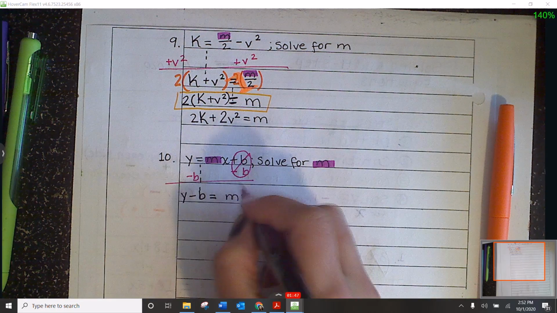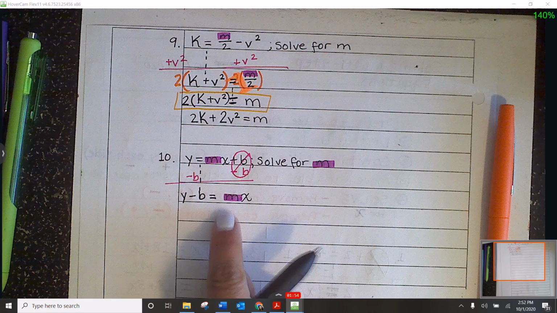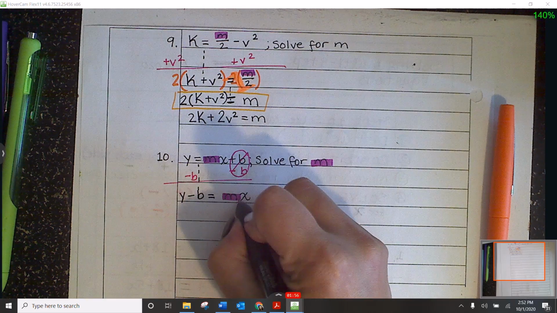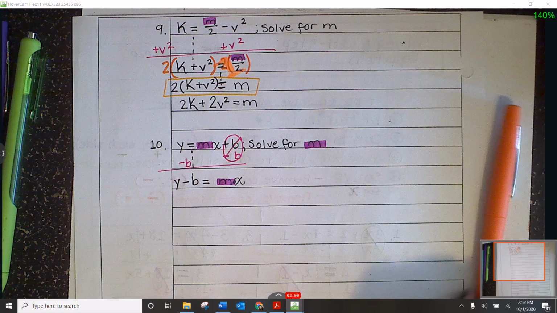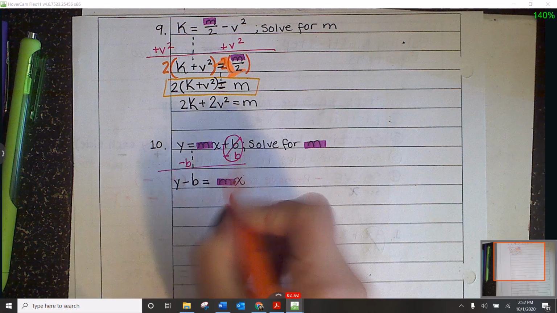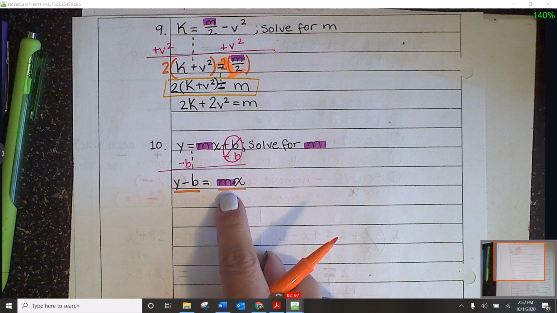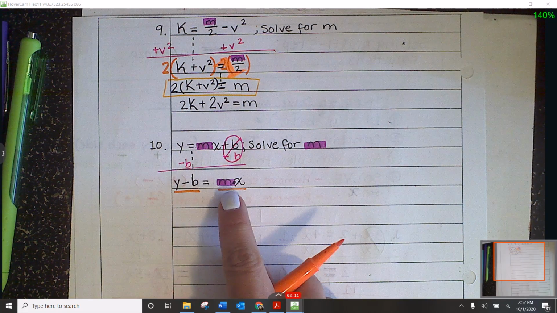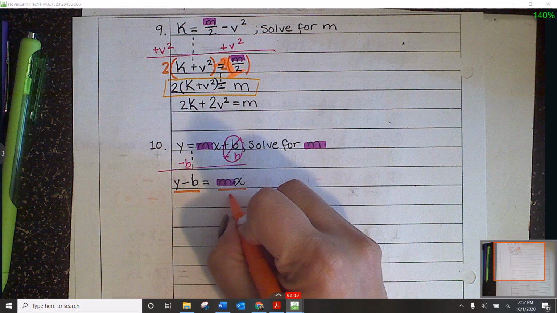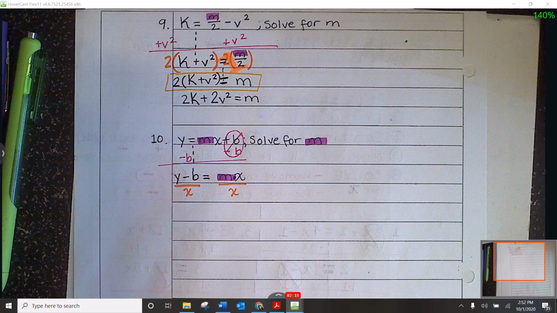Again, I'm trying to get m alone. Now, usually I'm trying to get x alone, and I know that that's kind of confusing, but m and x, as usual, they are being multiplied. Now, my inverse operation to multiplication is division. So if m and x are being multiplied, and I want to get m alone, that means I want to get rid of x.